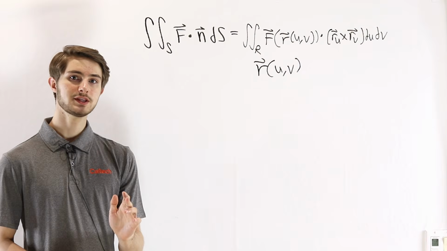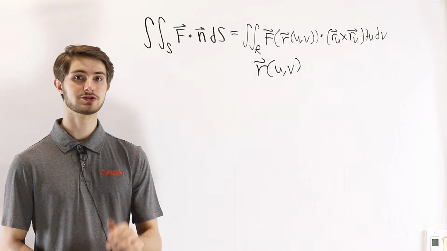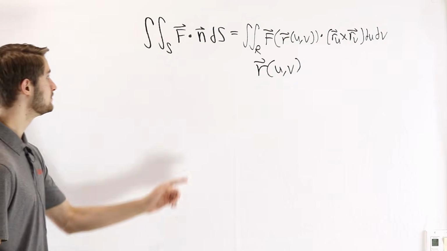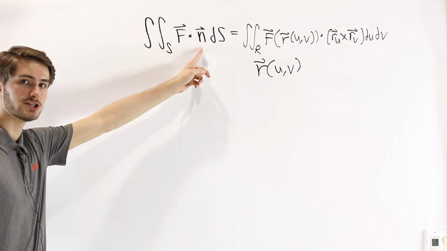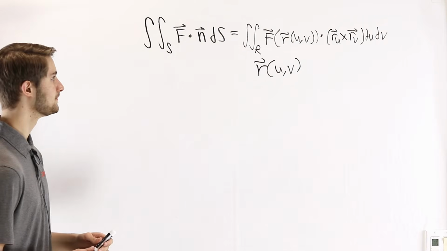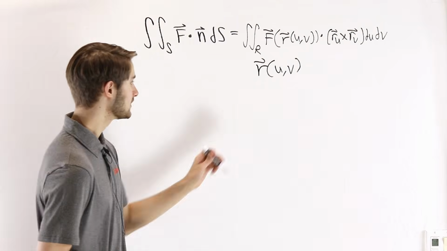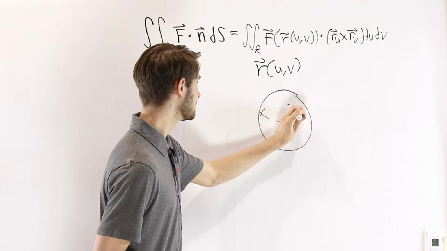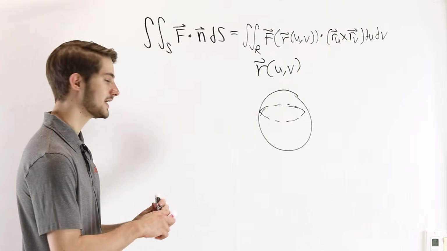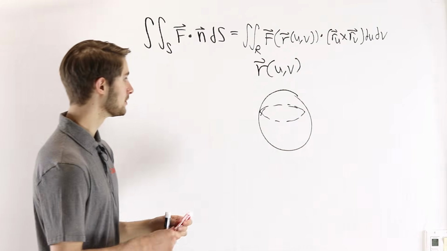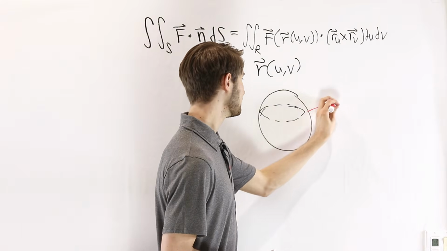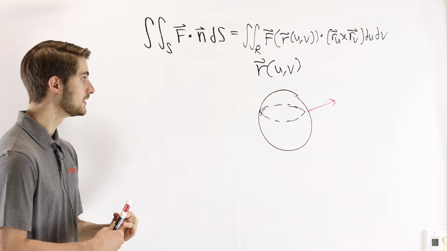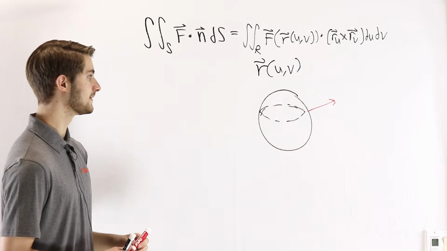Now there's one more thing that we need to understand with vector field surface integrals, and that is to pay attention to the orientation of the unit normal vector. To see what that means, let's say the surface that we're looking at for our integral is the surface of a sphere. In that case, we could have a unit normal vector that points off of the sphere just like this. That would be normal to the sphere.